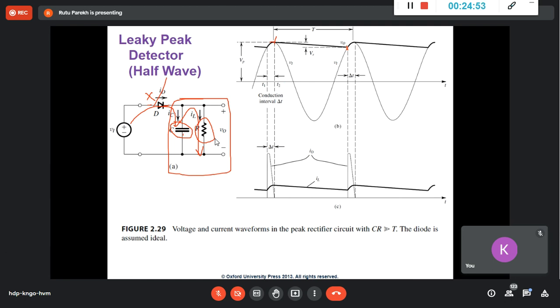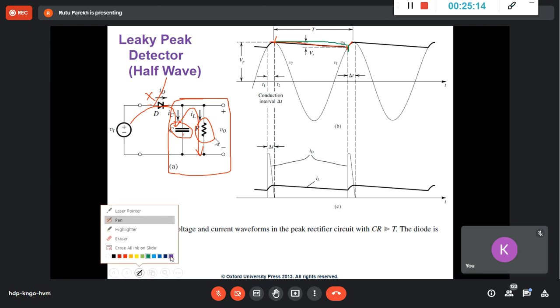So this is the point where your diode will start conducting. From here to here, let me use another color, from here to here your diode was off. But at this point it has started conducting, and it will only conduct for this time, from here to here, and again it will get into reverse bias.